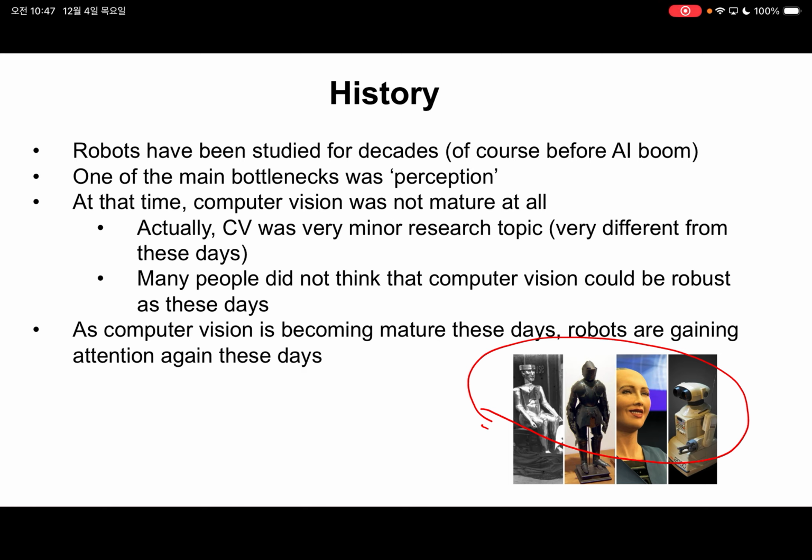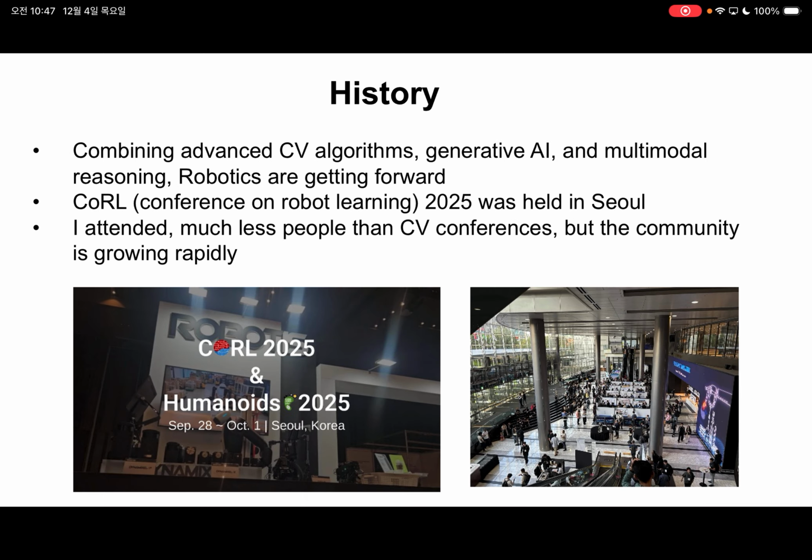Researchers, especially robotics researchers, hope that now a robot spring is coming. Combining advanced computer vision algorithms, generative AI, and multimodal reasoning, robotics is moving forward these days. CoRL, the Conference on Robot Learning, one of the most prestigious robot conferences, was held in Seoul in September 2025.